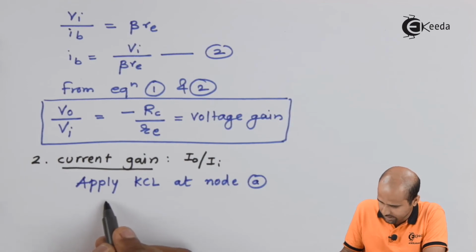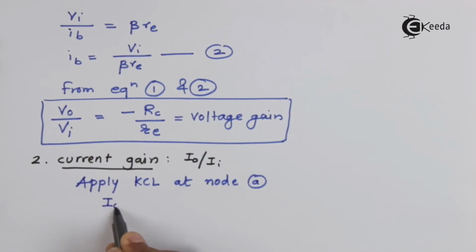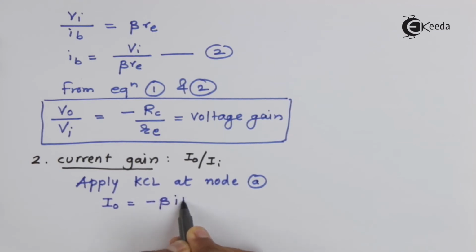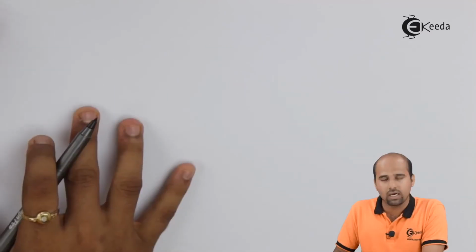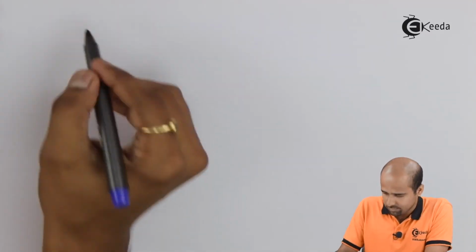So we will say IO is equal to minus of beta into IB. Equation number 1 for current gain. Now I want to dig out the value of II in the form of IB, and that we will be getting here.